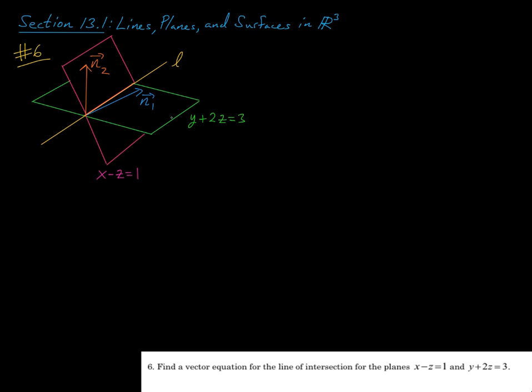I'm going to start by considering the normal vectors for these two planes. n1 is the normal vector for the purple plane, n2 is the normal vector for the green plane.